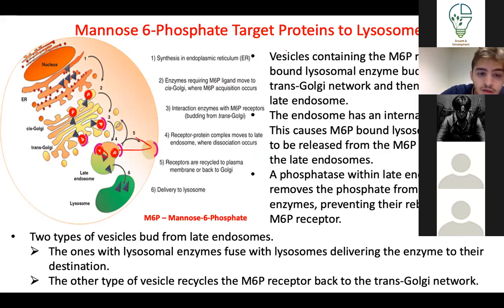Now the receptor can go back to the cis-Golgi, and the mannose 6-phosphate will stay in the endosome. Now the phosphate group will be cleaved. What's the significance of the cleavage of the phosphate group? Now it's no longer mannose 6-phosphate, it's mannose, and mannose cannot bind the mannose 6-phosphate receptor, if that makes sense. Okay, so the polypeptide will stay in the lysosome.